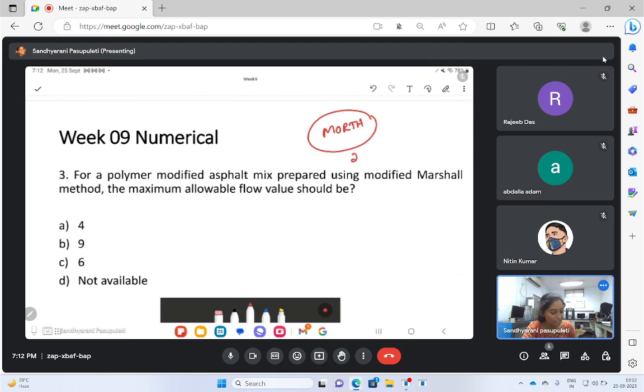Even if you suggest, let us say, 2 to 4 mm, we should not depend upon this. That means modified bitumen should not have more than 4 mm. That criteria should be waived off, because there is a chance that modified bitumen mixtures can have higher flow, but still they can perform better because they have greater recovery. Even if they show flow more than 4 mm, given the time they can actually recover. So this maximum allowable flow value should be waived off.